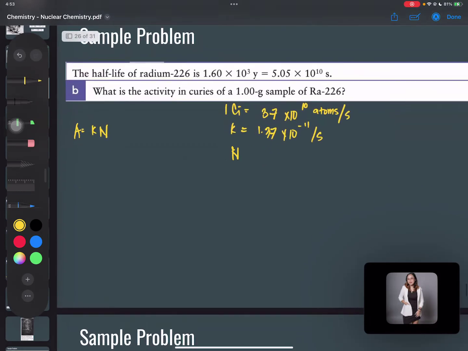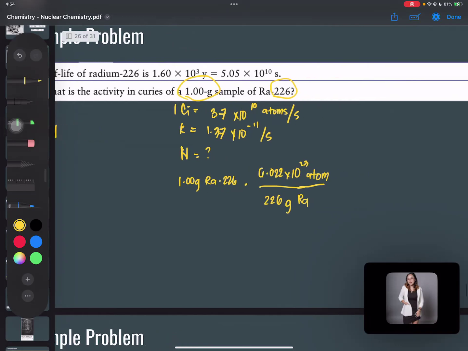How do we get your N? From 1.00 gram of radium-226, you could convert that using the mass and then using Avogadro's number as well. Remember this? Cancel. You will get 2.66 times 10 to the power of 21 atoms.